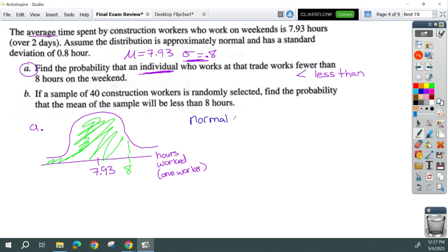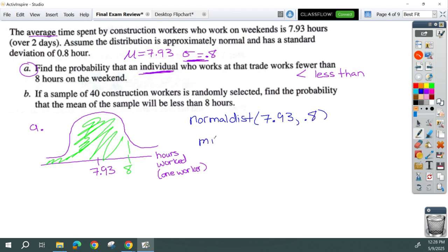We're going to go in and tell the calculator we have a normal distribution, so it knows the shape of the distribution that we have. We're going to tell it what's in the middle. Well, that's our mean, 7.93. We're going to tell it what our standard deviation is, because 3 standard deviations to the right and 3 standard deviations to the left is going to encompass almost all of our data points. So that's that standard deviation we were given.